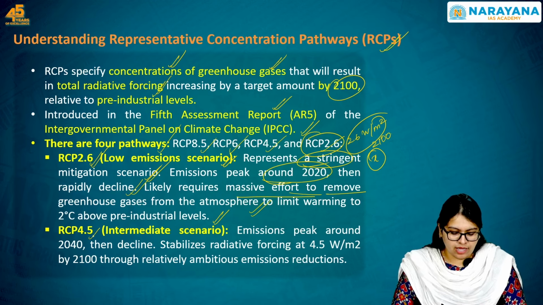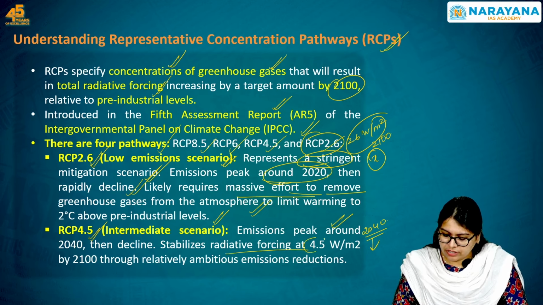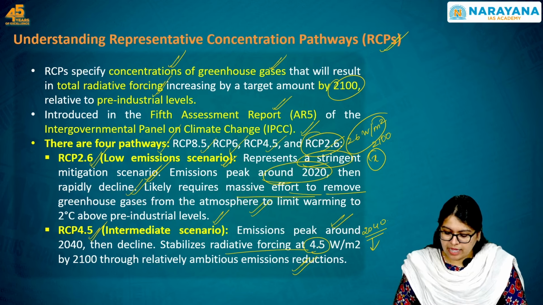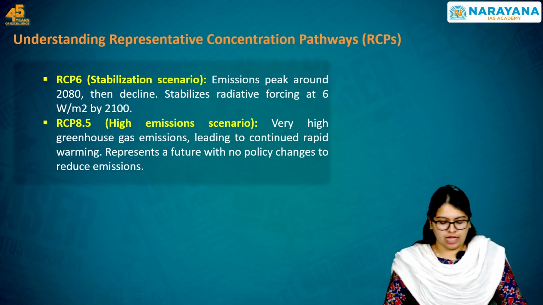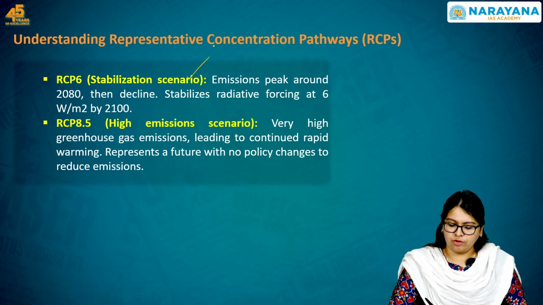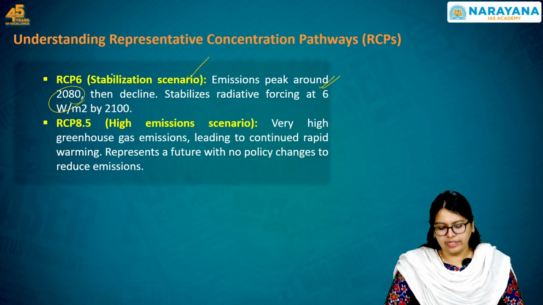Similarly, the next one, RCP 4.5, is an intermediate scenario where emissions are likely to peak around 2040 and then decline. Here it stabilizes radiative forcing at 4.5 by 2100 only if ambitious emission reductions take place. Moving forward, the next one is RCP 6. This is a stabilization scenario where emissions are set to peak around 2080 and then decline.